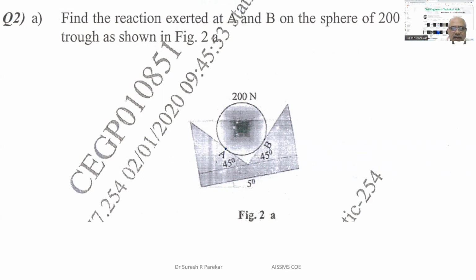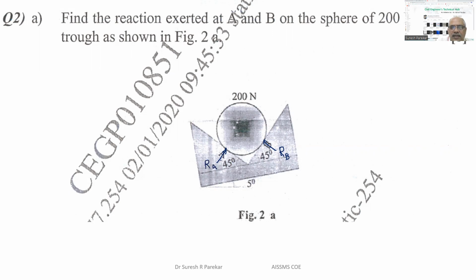The first reaction is normal to the trough at point A, and another will be normal to the trough at the touching point. So we have this will be RB and this will be RA.